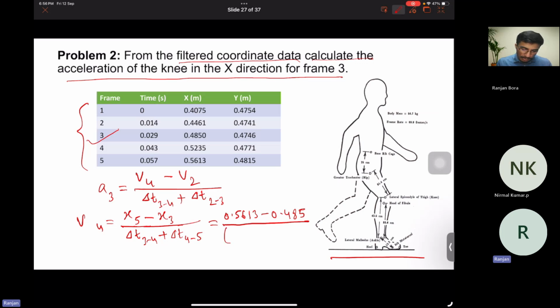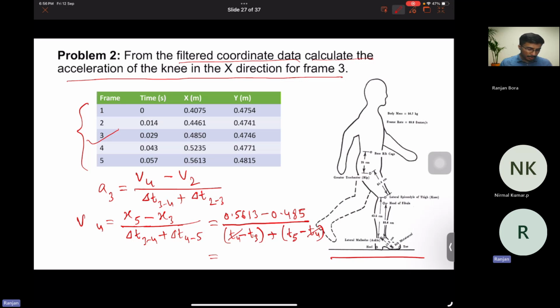That will be T4 minus T3 plus T5 minus T4. So here T4 will be cancelled out. If we substitute here, T5 is 0.057 and T3 is 0.029.